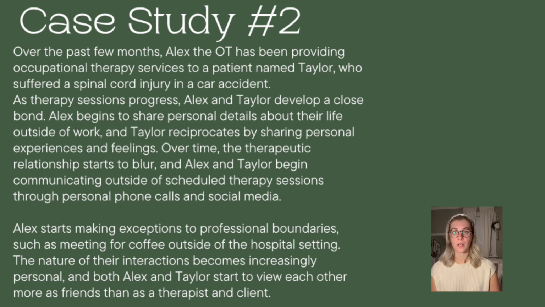Over time, the therapeutic relationship starts to blur, and Alex and Taylor begin communicating outside of scheduled therapy sessions through personal phone calls and social media. Alex starts making exceptions to professional boundaries, such as meeting for coffee outside of the hospital setting. The nature of their interactions become increasingly personal, and both Alex and Taylor start to view each other more as friends than as therapist and client.